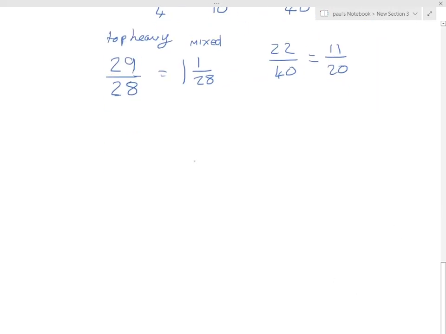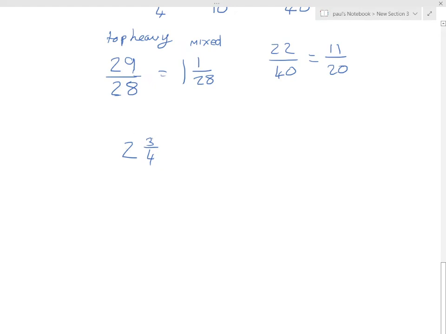So with these things, to make this a bit more complicated, if I have a mixed number of 2 3/4, we can change between mixed and top heavy. So we go back the other way, and this is how we do it. You take the 4 and multiply by the 2. So 2 fours are 8.